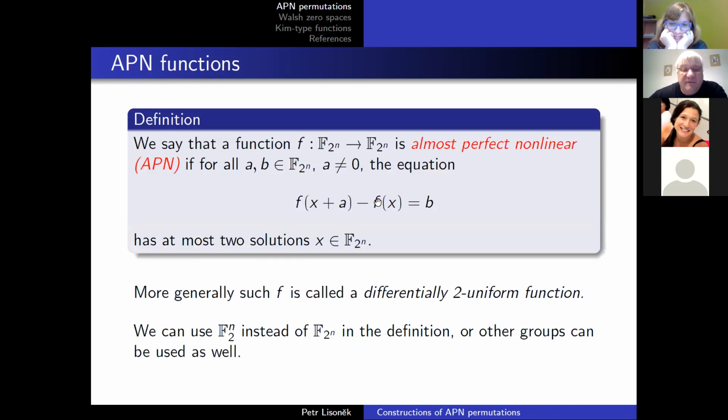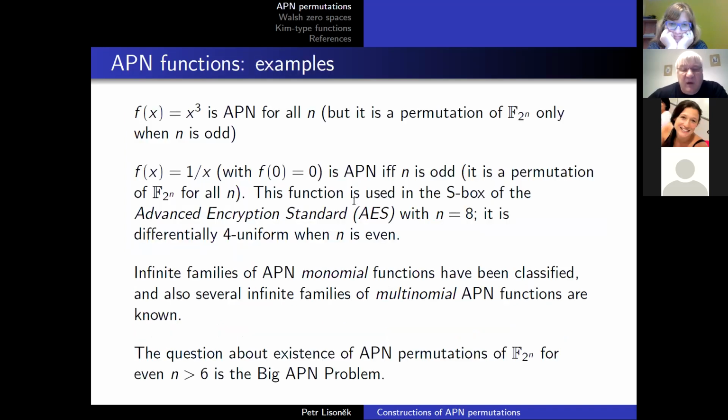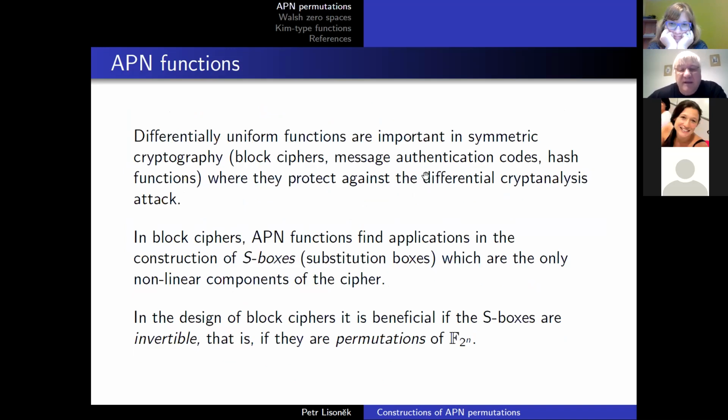So the number of the solutions to this, what we could call a difference equation, that's why it's written with a minus, is small for any a and b, and therefore the differential cryptanalysis is very hard for these ciphers, and that's one of the main attacks these days against block ciphers. So that's why the APN functions are important in the design of block ciphers.